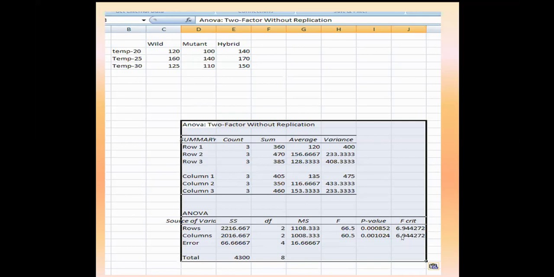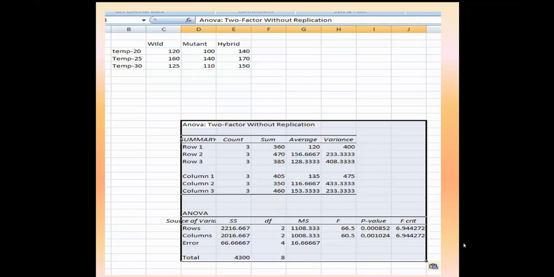Likewise, if you see the columns, meaning wild type, mutant and hybrid, in this case also you find there is a significant difference, because your calculated value is very high compared to the table value. So there is a very significant difference.